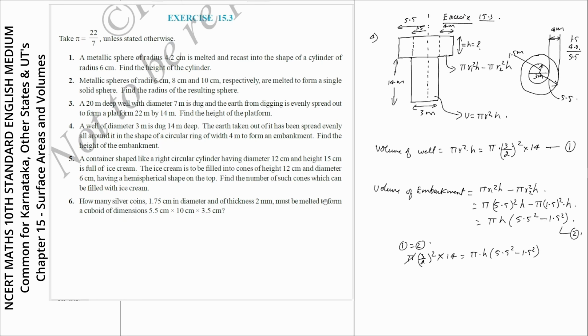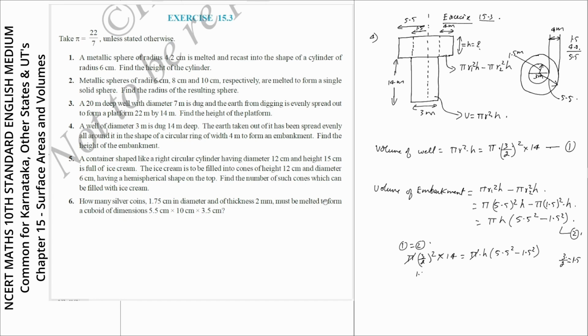Here pi will get cancelled, so I am left with, 3 by 2 is 1.5.